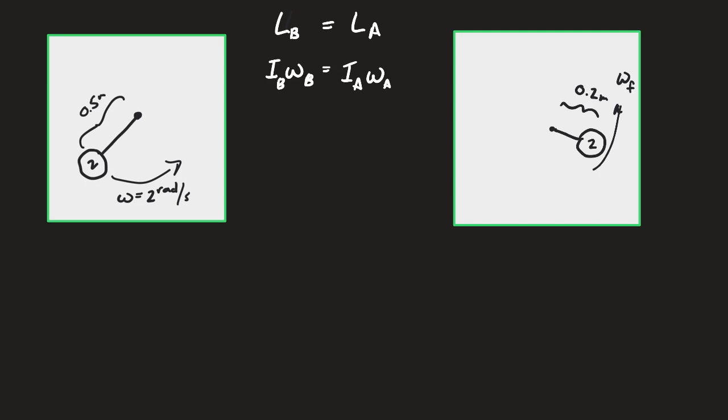Now, this particular problem has an issue that you may or may not remember how to deal with, and that is how to calculate the moment of inertia. For an object that's got a rotational axis that is far away from its center, in this case, way far away, the moment of inertia becomes that of a point mass.